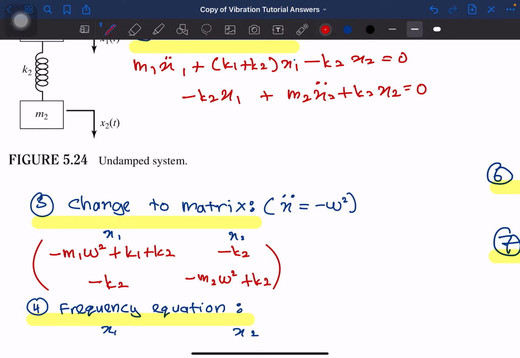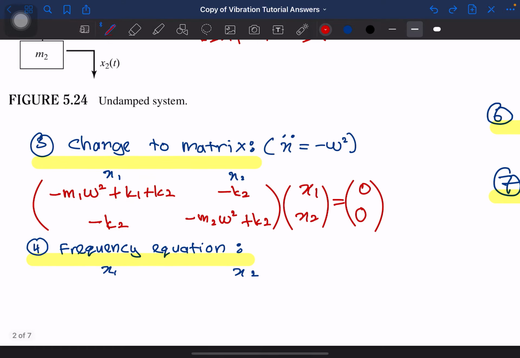And then x1, x2, because I put x1 first, and only then x2, equals to 0. I just changed from a normal simultaneous equation into matrix form.